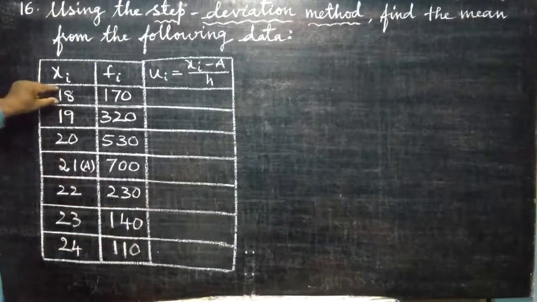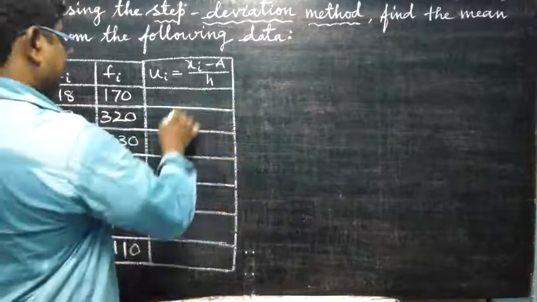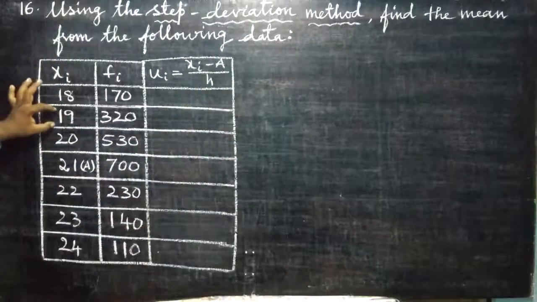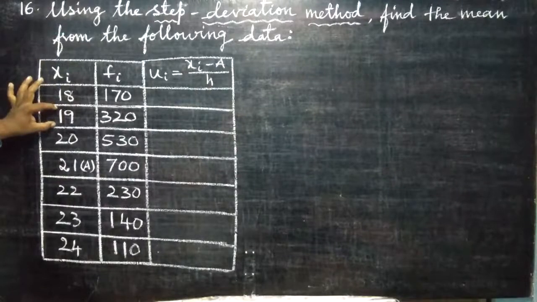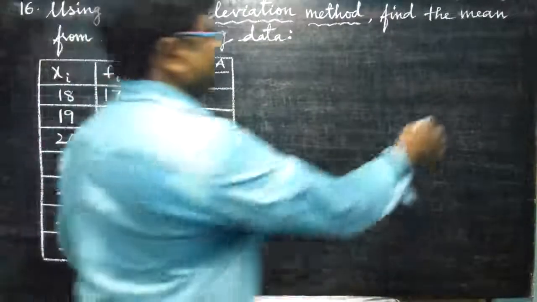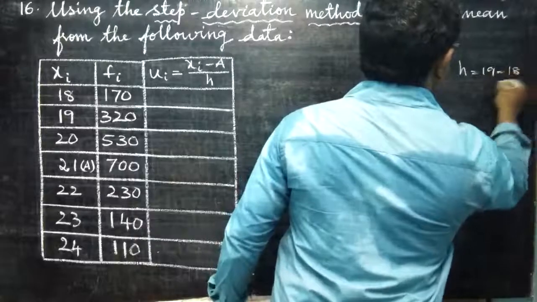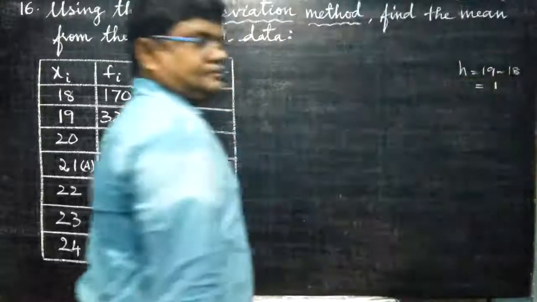And we are going to subtract: 18 minus 21 is minus 3. And what is h? From the previous, this is 18, the next class is 19. 19 minus 18 is h. H formula is 19 minus 18. How much will you get? 1 you'll get.